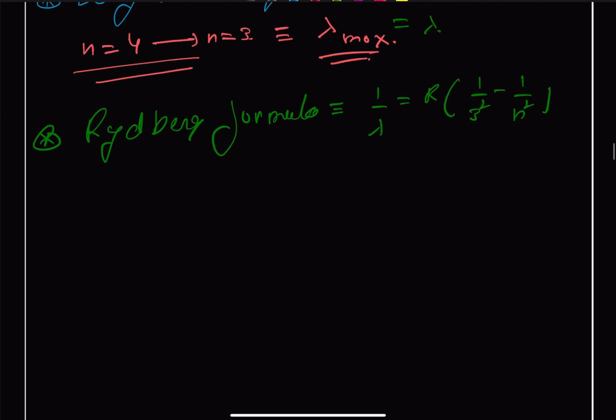Therefore 1 upon lambda max is equal to R times 1 upon 3 square minus 1 upon 4 square.